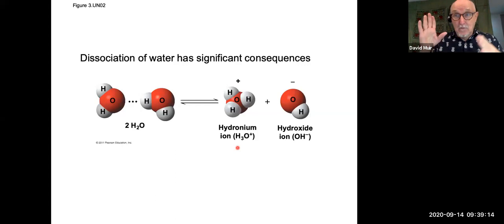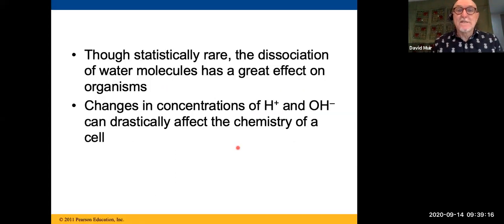And we will see that even slight changes in the number of hydroxide or hydrogen ions in solution will radically change the properties of the solution and may have big effects biologically. So this is something we need to watch really carefully.